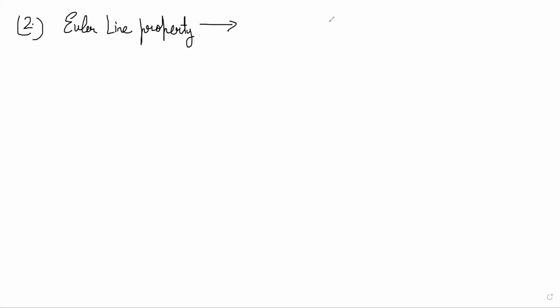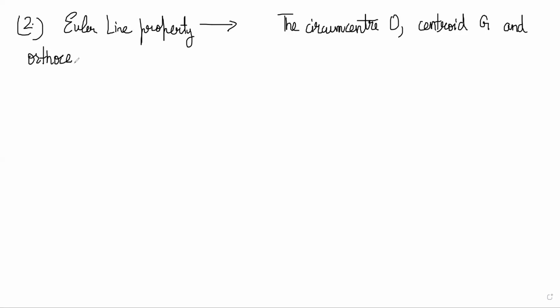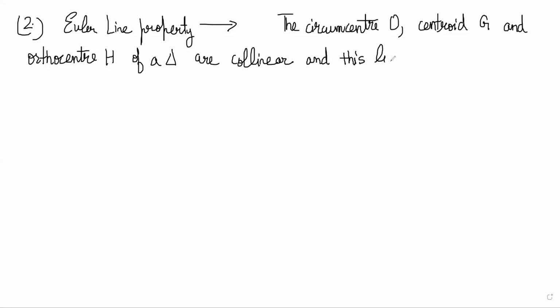So basically this says that the circumcenter O, centroid G, and orthocenter H of a triangle are collinear, and this line is called the Euler line.